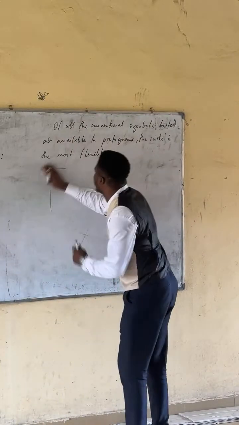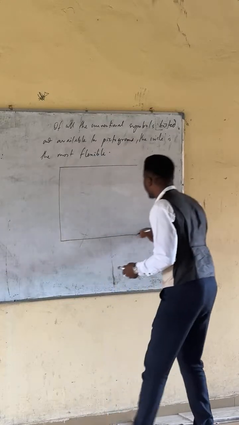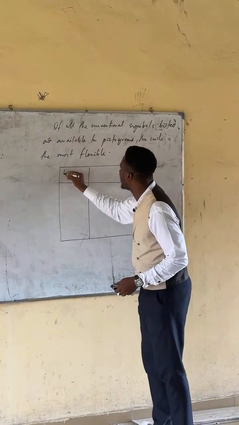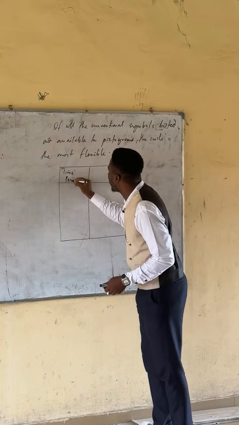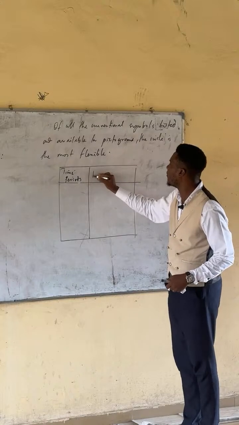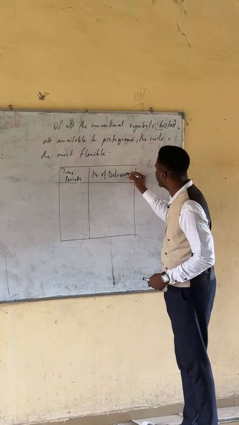This is my data. So let's put the data for that example. So these are time periods, we are going to put here time periods, and we are going to put here number of deliveries. Is somebody following?